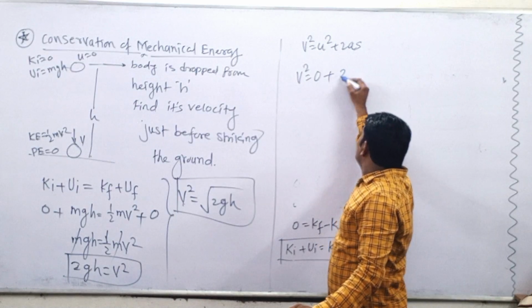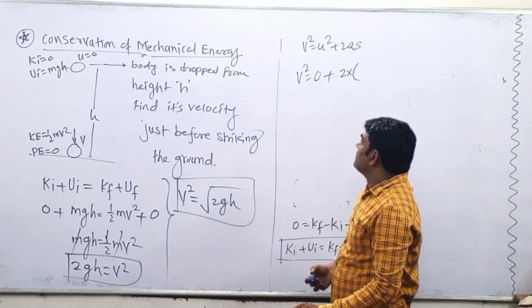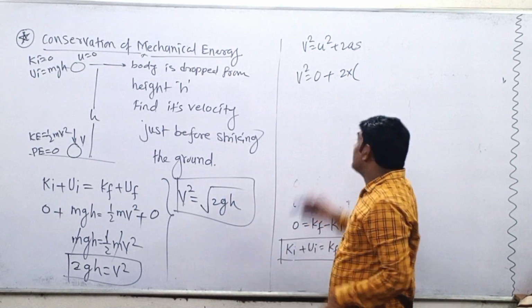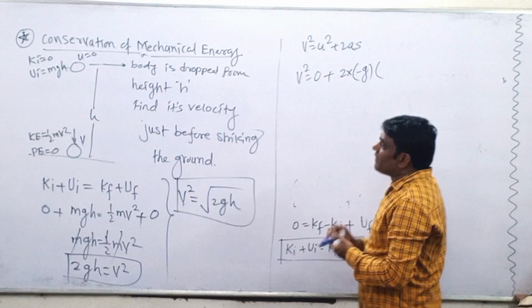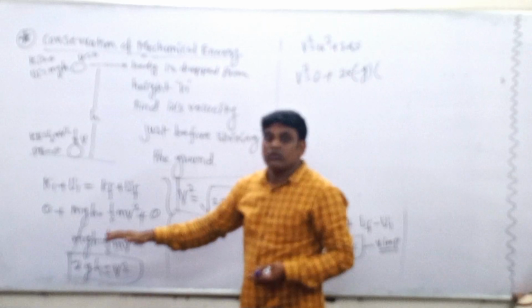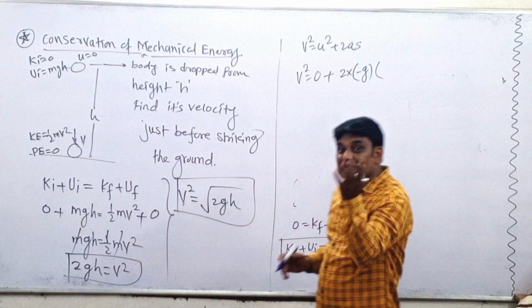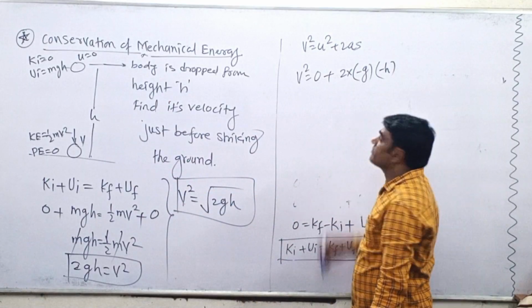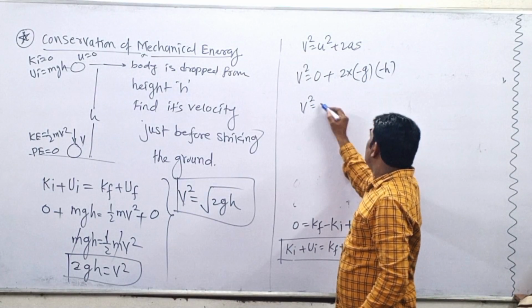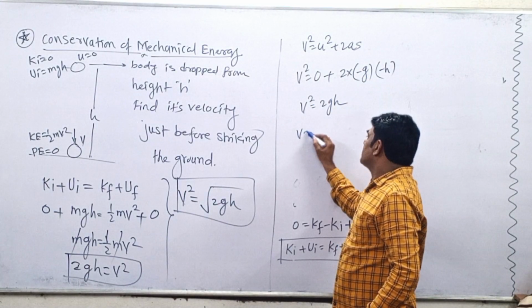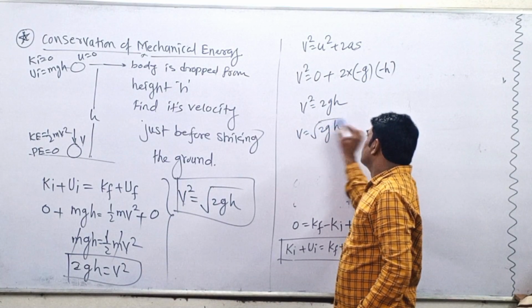So plus 2 into the acceleration. Acceleration is gravity, so gravity is downward, minus. Displacement is h, and going down, downward is negative, so minus h. So v square is equal to 2gh, and v is equal to under root 2gh.